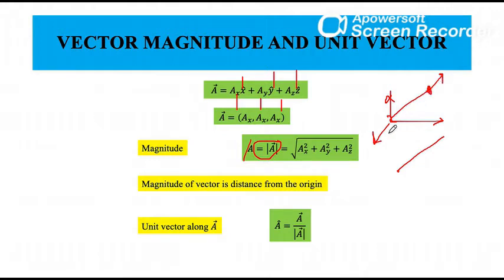If vector is directed along x-axis, then it will be a unit vector across x direction given by x hat. Okay, if it is directed along y direction, then it is y hat, or you can say unit vector along y direction.